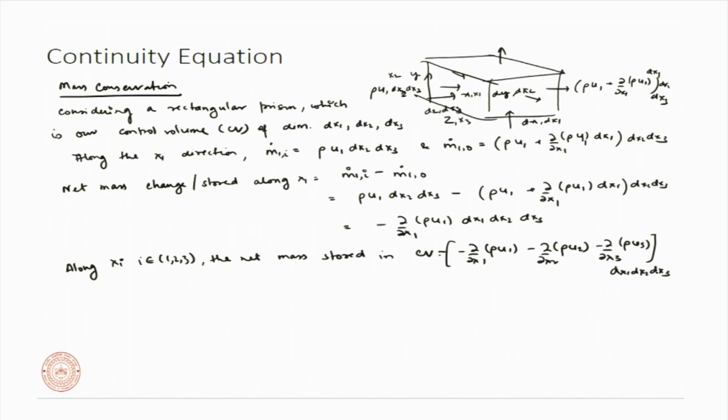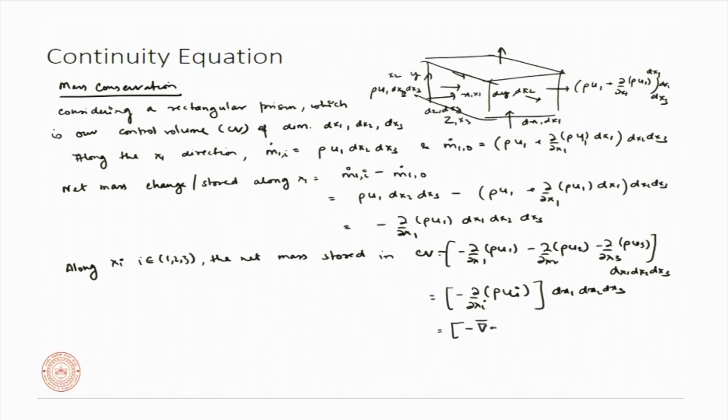Okay. So, for this small control volume, this is our mass stored. This looks something very familiar. You can see that we can write this in short as del by del xi of rho ui from our summation notation along del x1, del x2, del x3. If i is repeated, we are adding this over, and this in terms of vector is a gradient.